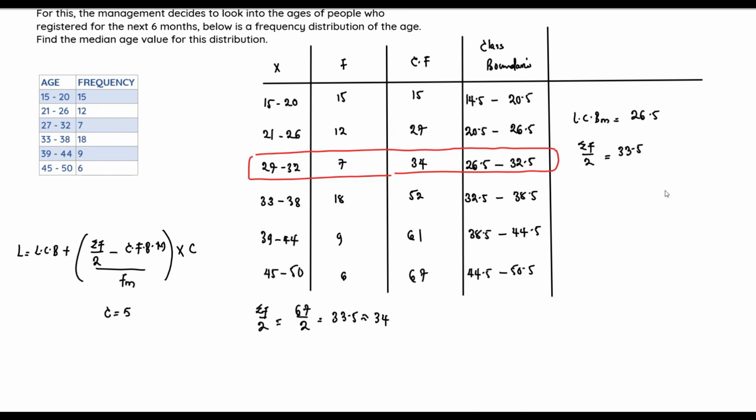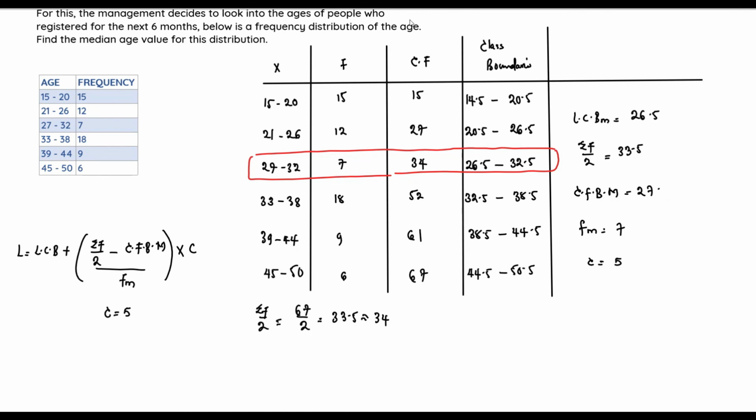The next is the cumulative frequency before the median. The cumulative frequency at the median is actually 34, so the cumulative frequency before the median is 27. The frequency at the median is equals to 7, and the class interval is equals to 5 exactly.